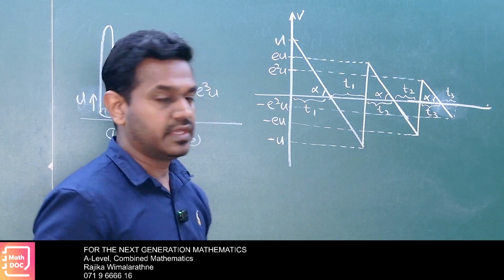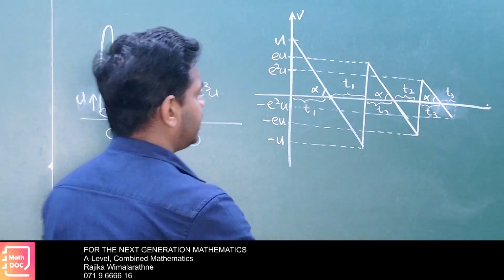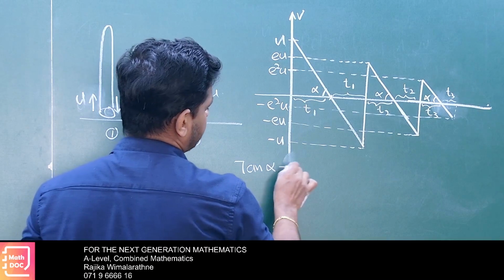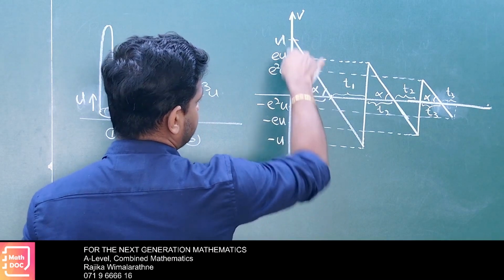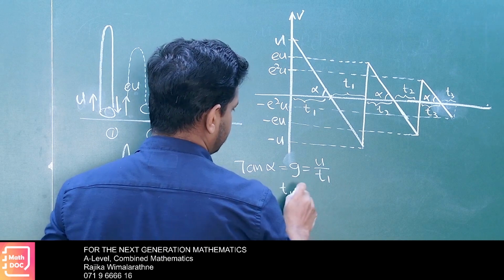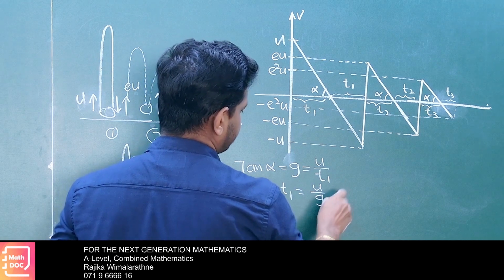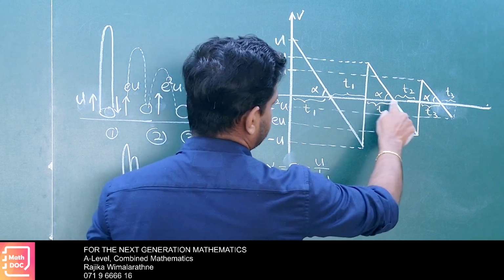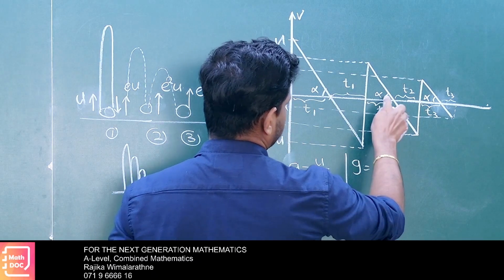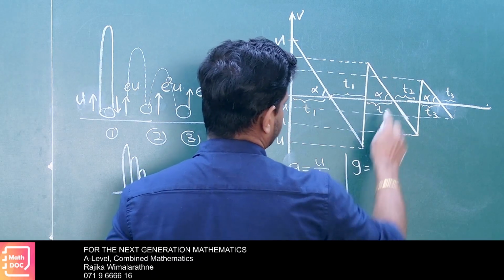Okay. Now you see this. Here tan alpha equals g, no? Tan alpha equals g. g equals u divided by t1. Then t1 equals u over g. Then here t2, again tan alpha is g, eu over t2.